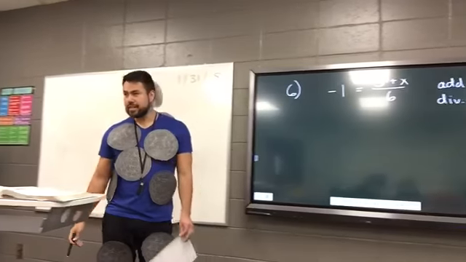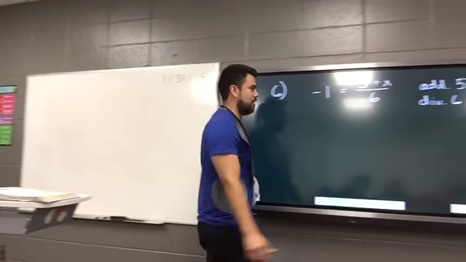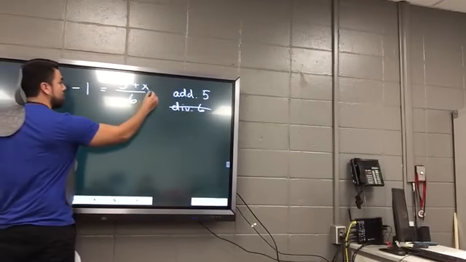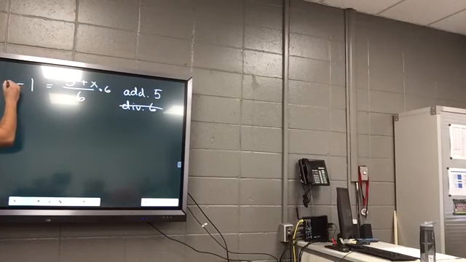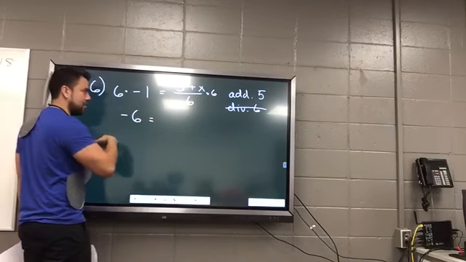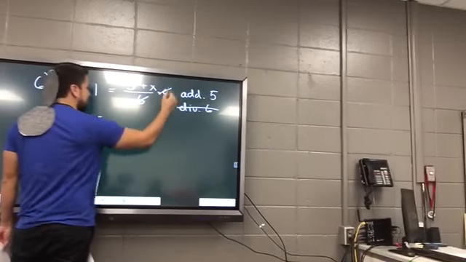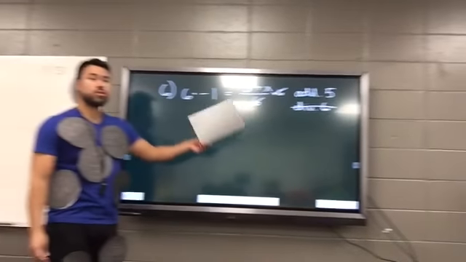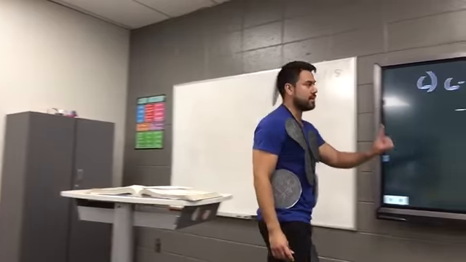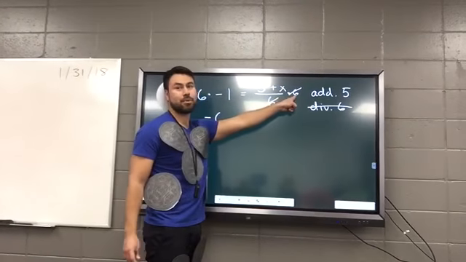So what undoes that? What undoes the division of 6? I'm going to multiply both sides by 6. I get negative 6 on the left. And then this and this cancel out. Does anyone know why those two cancel out? Not only because they're inverse operations, but did I say we're multiplying by 6 on both sides?